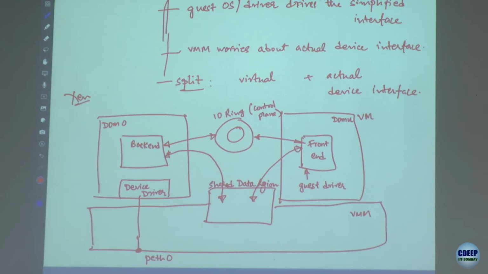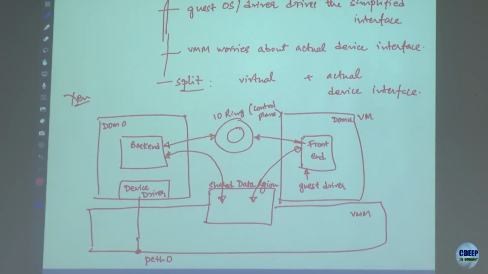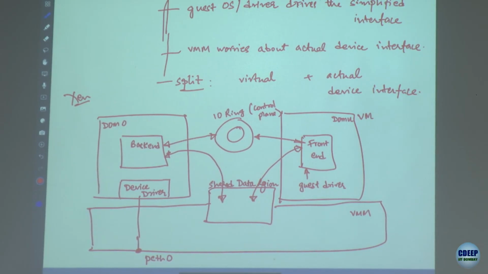But the purpose of that Dom0 is really just to control the VM environment of other VMs, but it's a user space environment, right? So there is a full-fledged guest OS here, and so the backend can be in the guest OS as well, or can be in the user space of Dom0, the control domain.